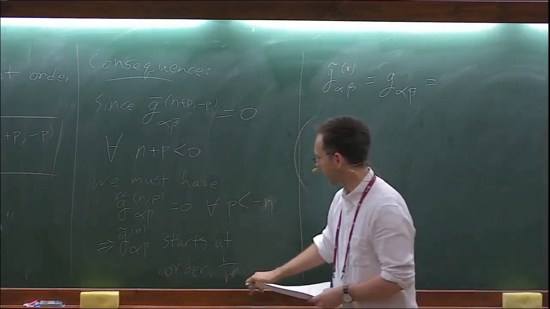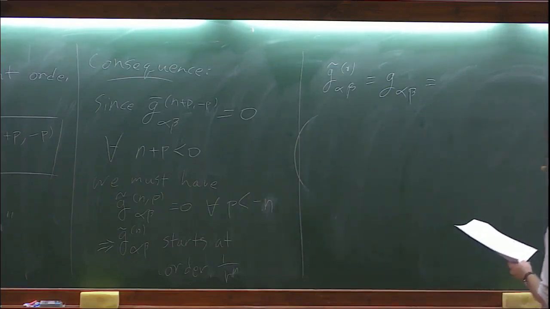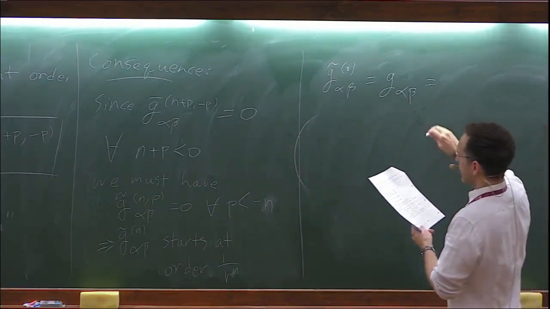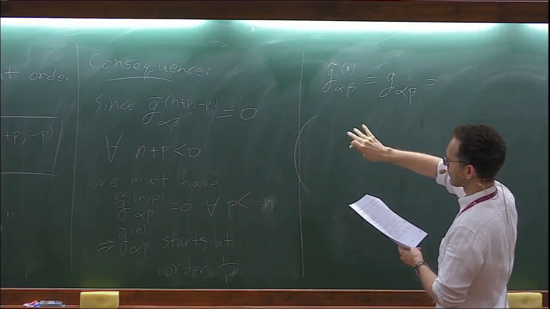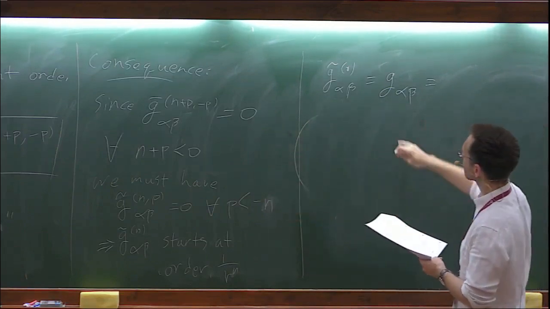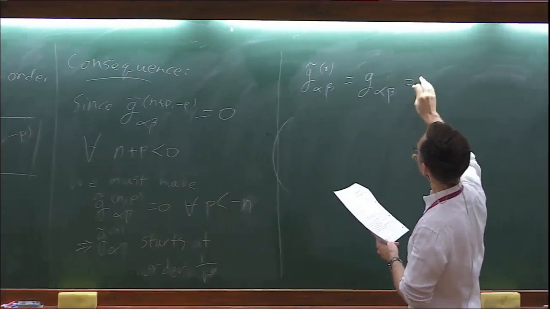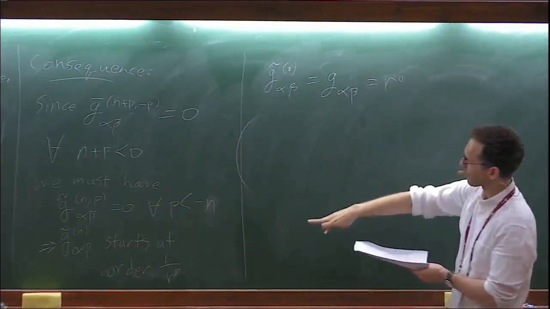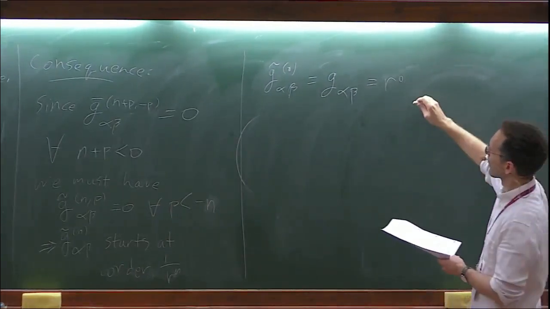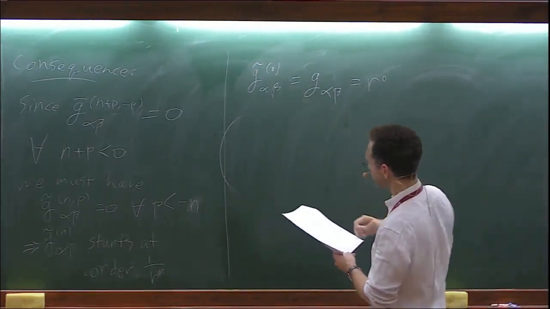The most you can get is 1 over r to the n. So that means it starts at order r to the 0 for the n equals 0 term.